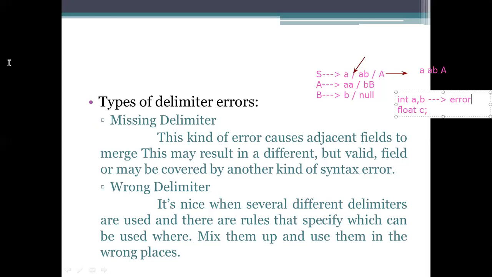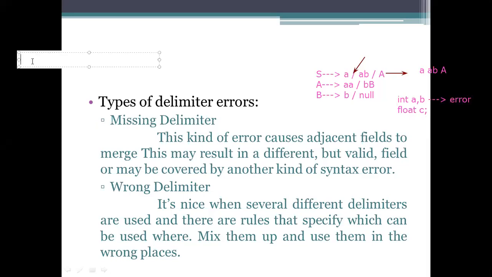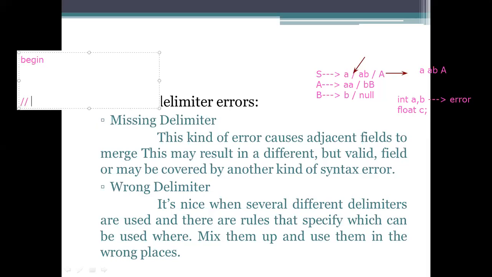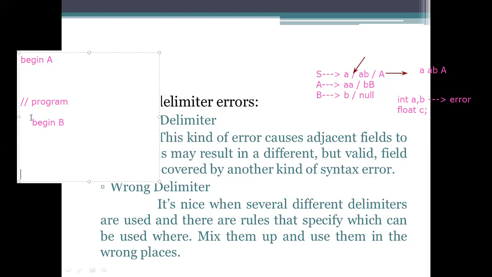Coming to the next representation, we used begin and end. So begin, and we provided some data here. That is a program. I'm going to consider it as begin A. After that, in that program, we started another subprogram, which is begin B, capital B. So there is a subprogram.